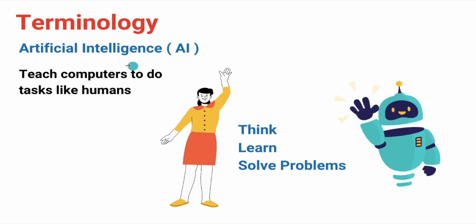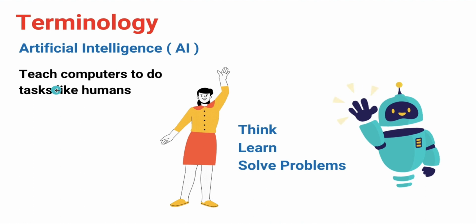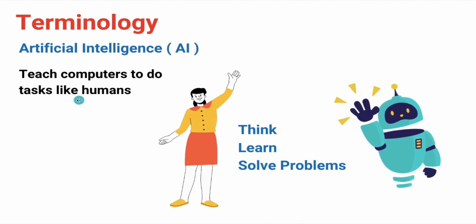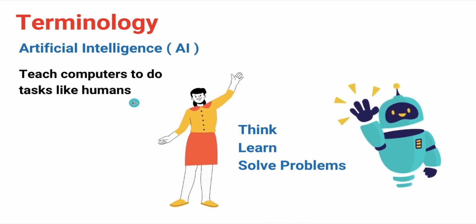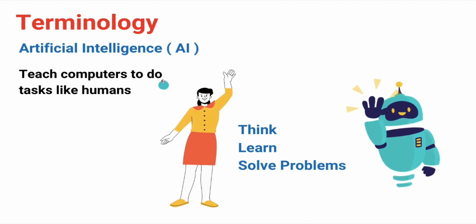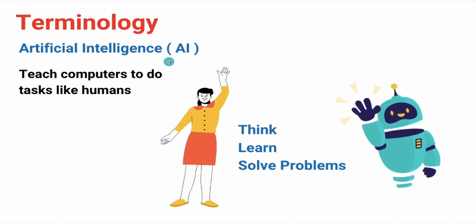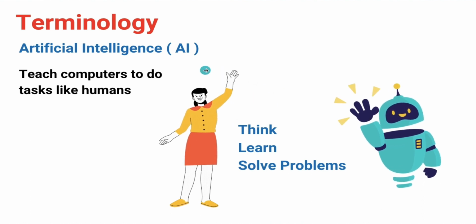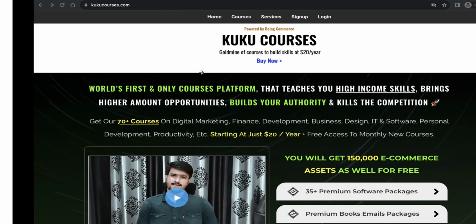So artificial intelligence basically means we teach computers to do tasks like humans that help us in a very good way. Like you all know, in big factories, we just train the artificial intelligence or robots to do some specific tasks again and again, so the computer does those tasks, right? That is what is called artificial intelligence.